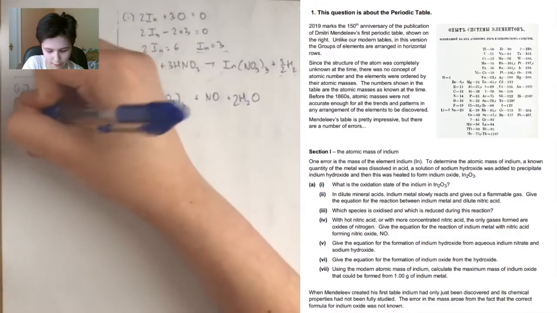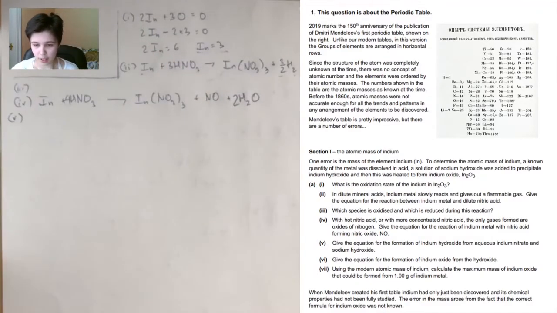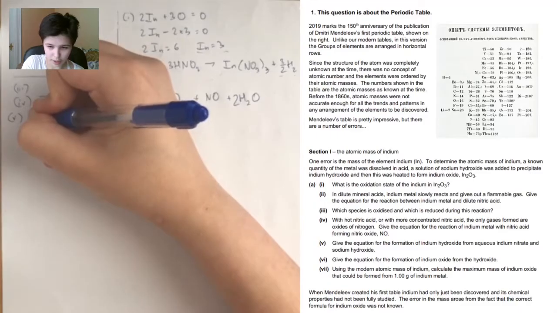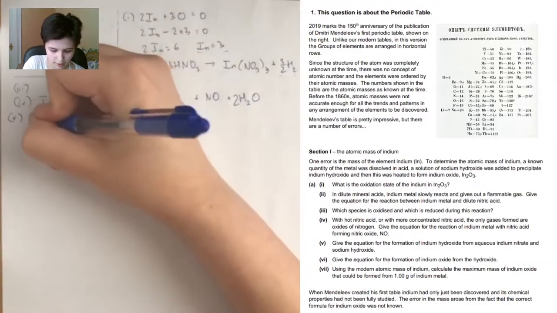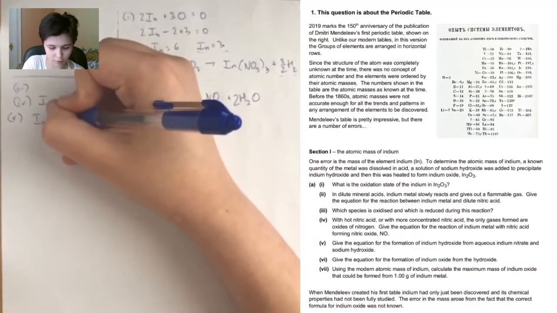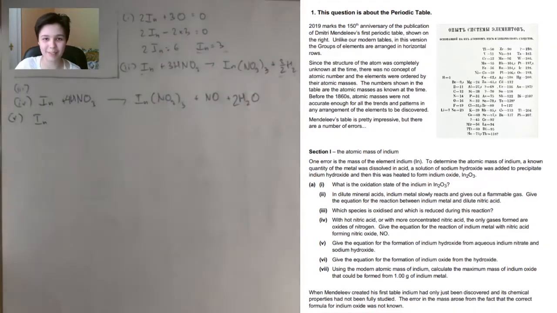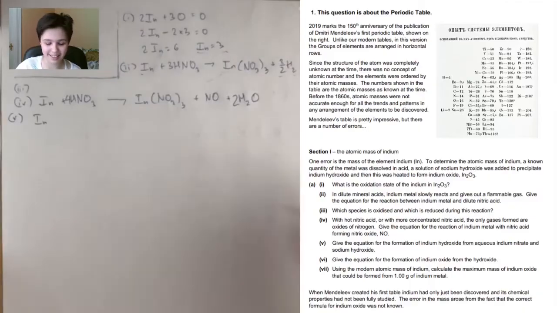For part 5, formation of indium hydroxide from indium nitrate is just a simple salt substitution. I don't know, just the thing where they change the ions and the salts.